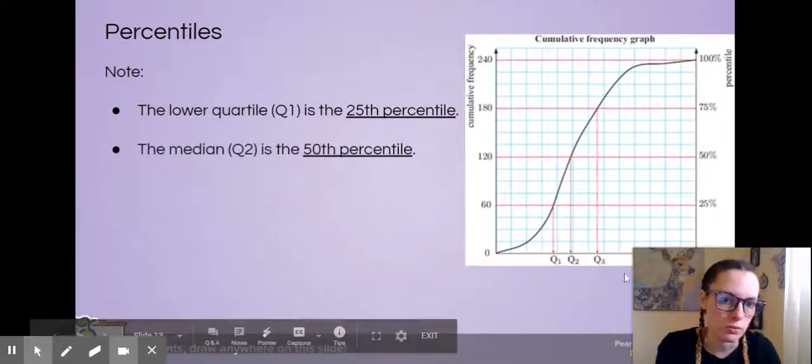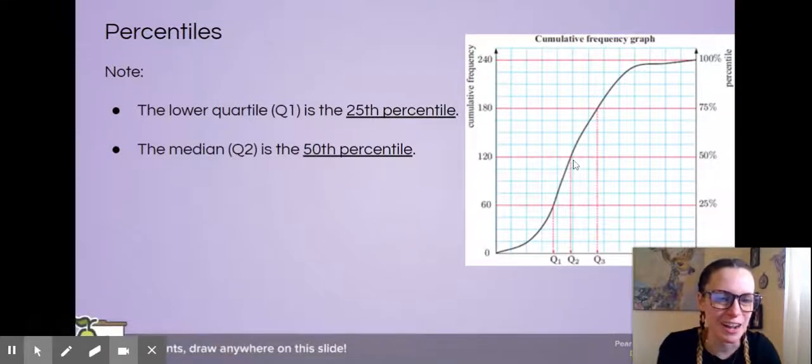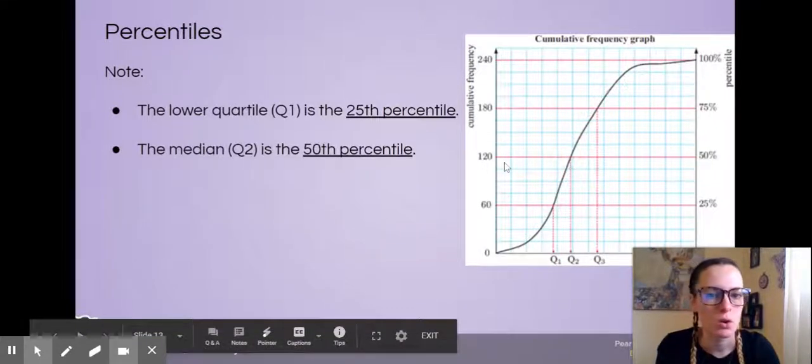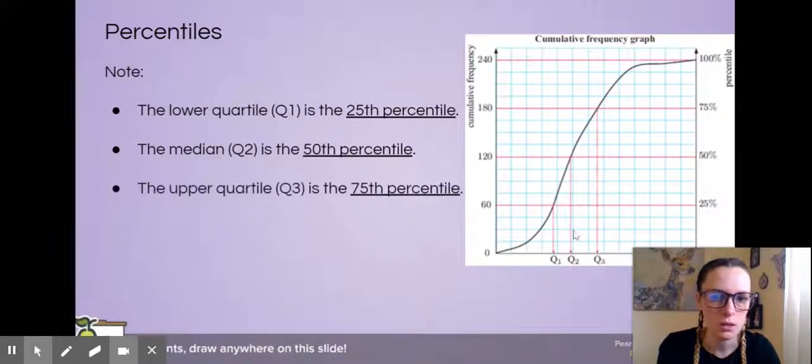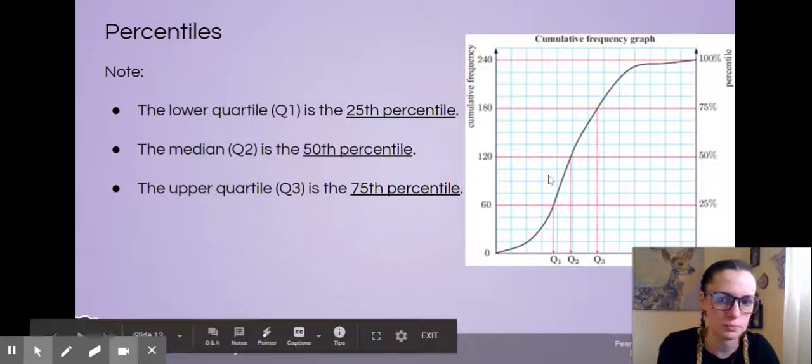My median, or for this graph, Q2, we don't usually use that, but that was in the graph, means that 50% of my data is within this part of my graph. So either to the left of that Q2 or below whatever the cumulative frequency is for that. And then my Q3, or my upper quartile, represents the 75th percentile, or 75% of the data is below that value. And then obviously my 100th percentile is including all 100% of the data.